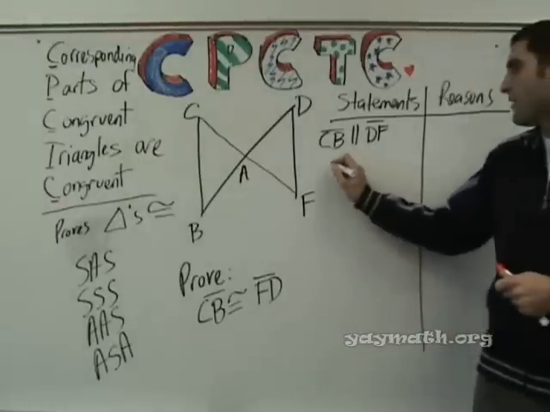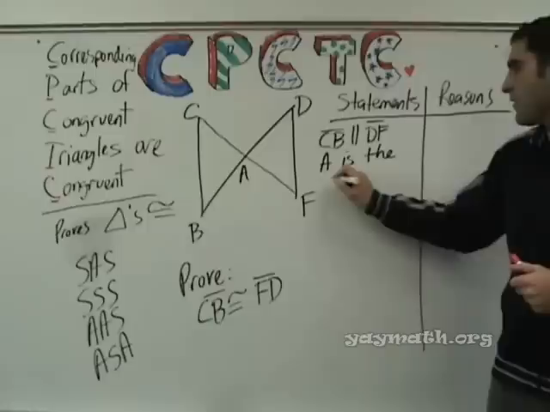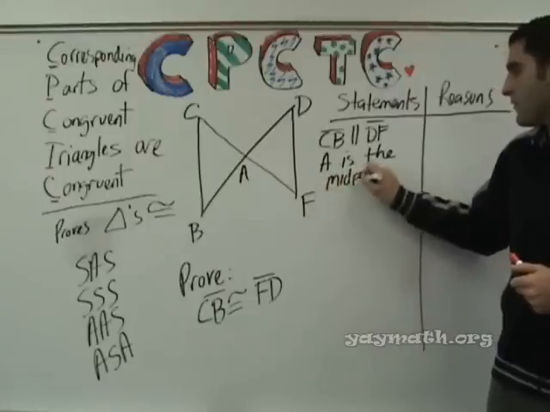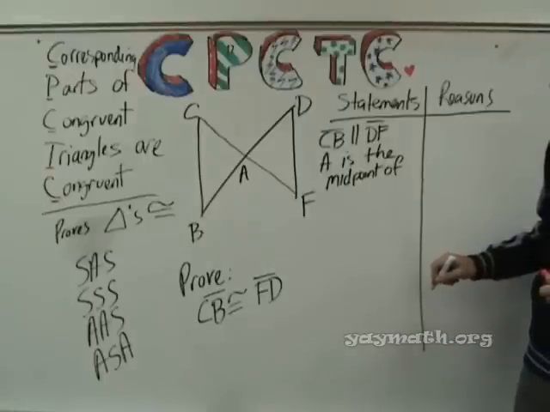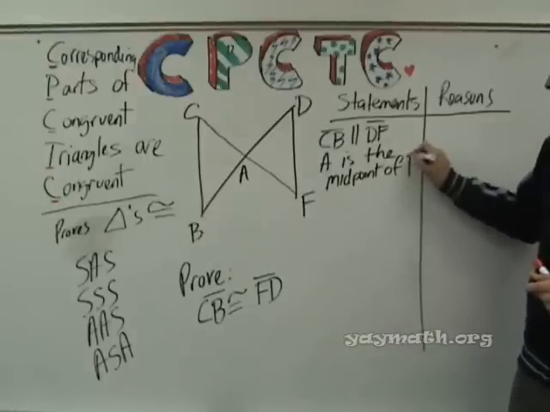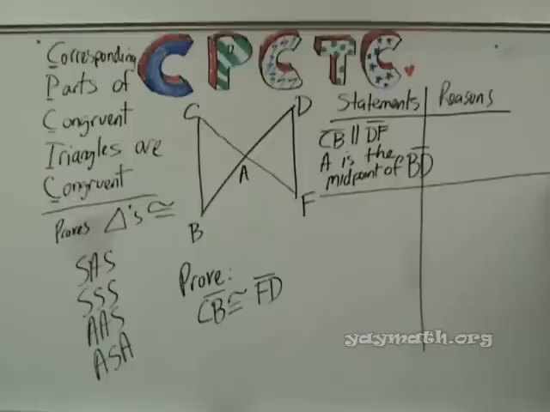And we could also say A is the midpoint of BD. All right, we'll mark that as the givens.